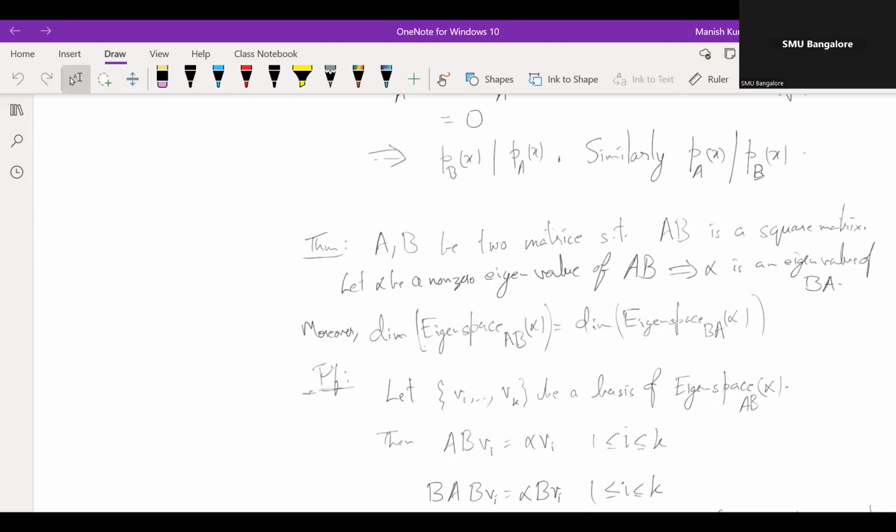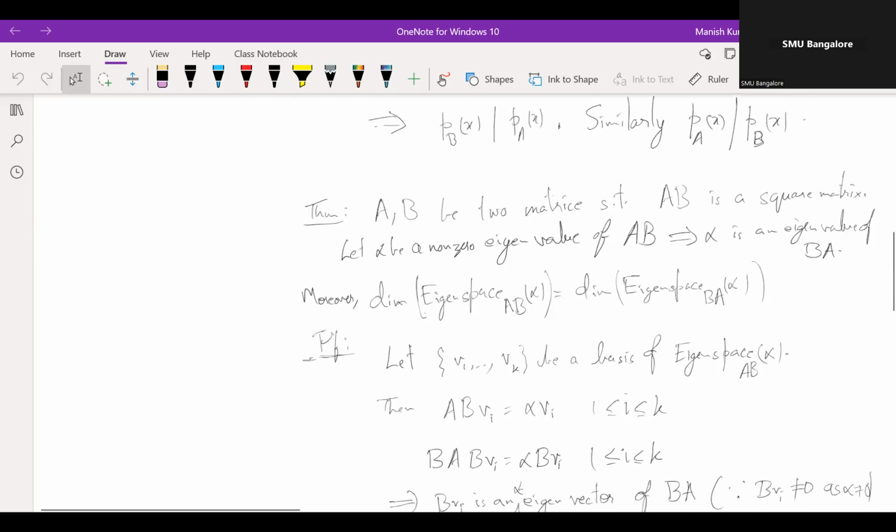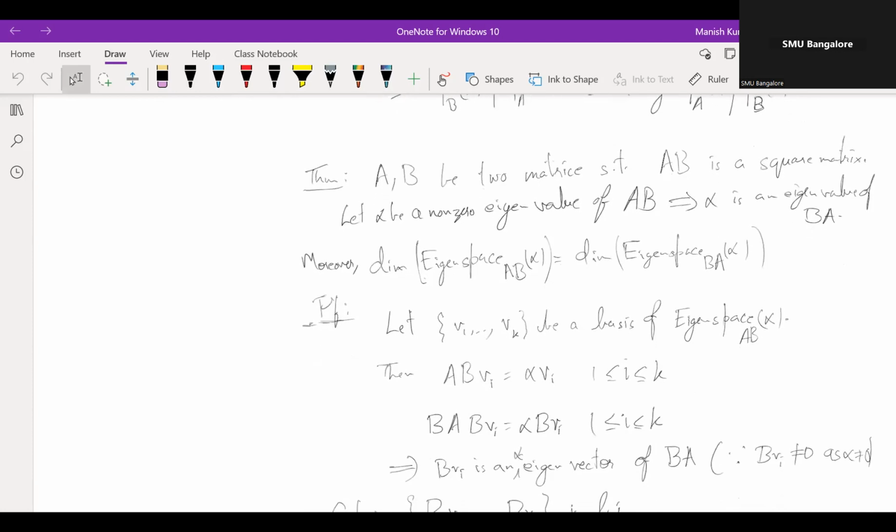Yeah, these are the things it means. Now you pre-multiply B on both sides of this equation. Then you get BABVi, and alpha is anyway a number, so you can pull it out, which is the same as alpha times BVi. Yeah. So now it looks nice.